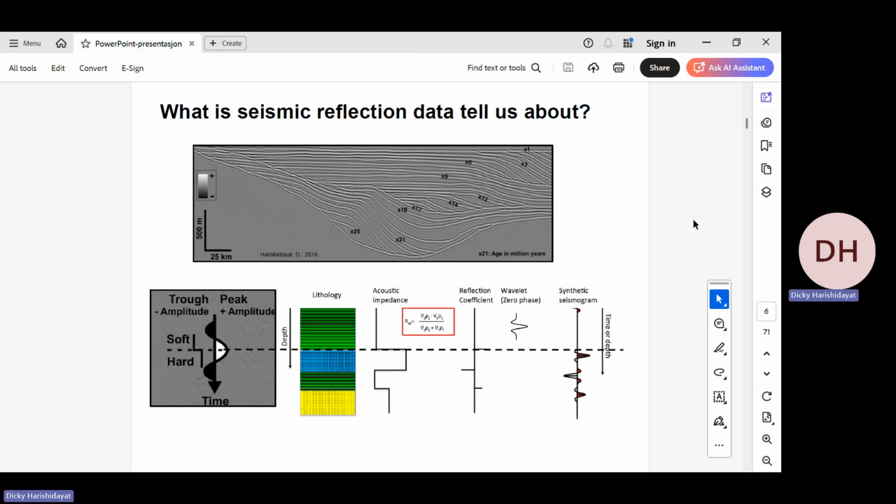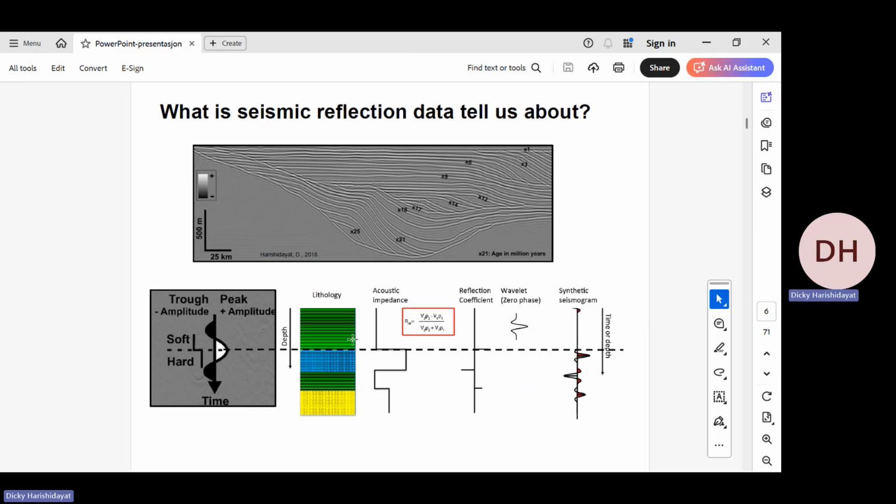So, what is seismic reflection data? This is a simplification of the sequence stratigraphic model by Mitchum, Peterfeld and friends from ExxonMobil and Rice University in 1977. Basically, what you need in seismic reflection data is the interface between lithologies, where you have different rock properties between those two lithologies.